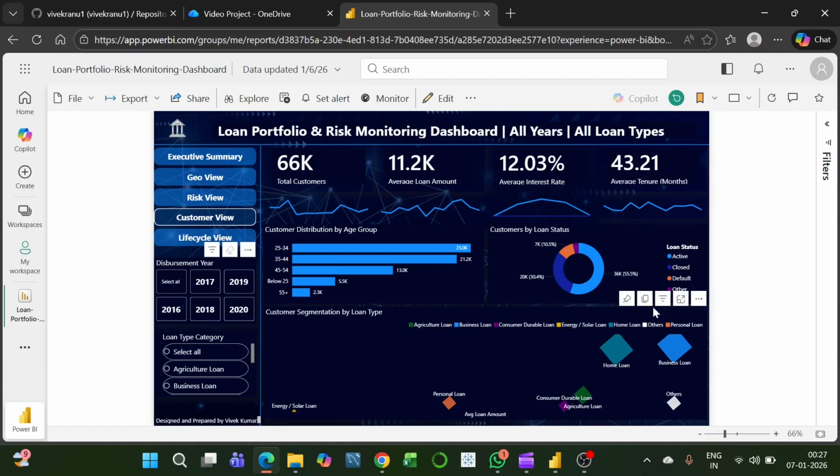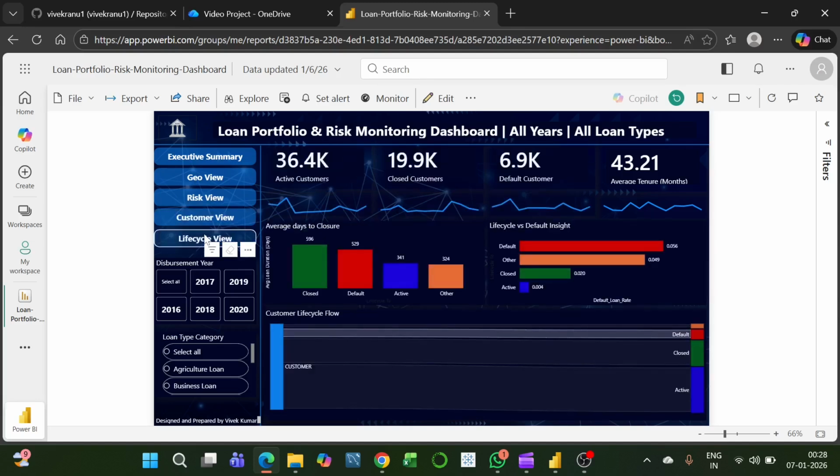We can clearly see that the majority of customers fall in the 25 to 44 years age group, which represents the core working population. At the same time, tracking the default customer segment helps the business understand which customer profiles need closer monitoring and where customer-level risk controls need to be strengthened.